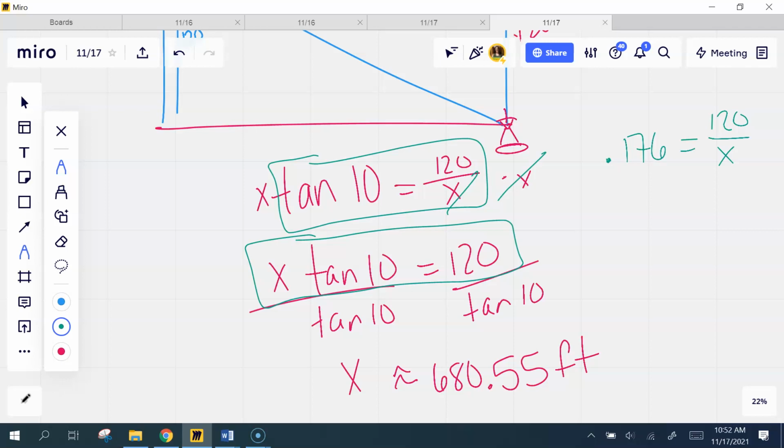You should still have 600 and something, do you? If you use 0.2, yeah, that's all it is. That's just rounding. You did the process right. It was just a rounding error.